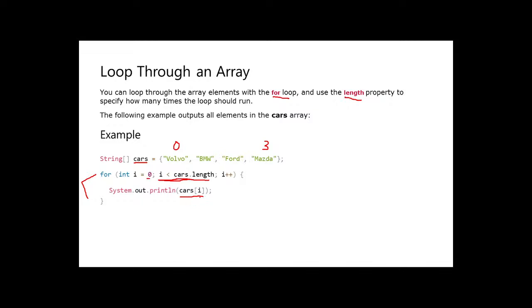Next to that is i becomes 2, so cars at 2. Next to that is Ford. It will print the Ford. And then i becomes 3, then cars at 3, that is equals to Mazda. So one by one, because of the loop, it accessed the index from 0, 1, 2, up to 3.